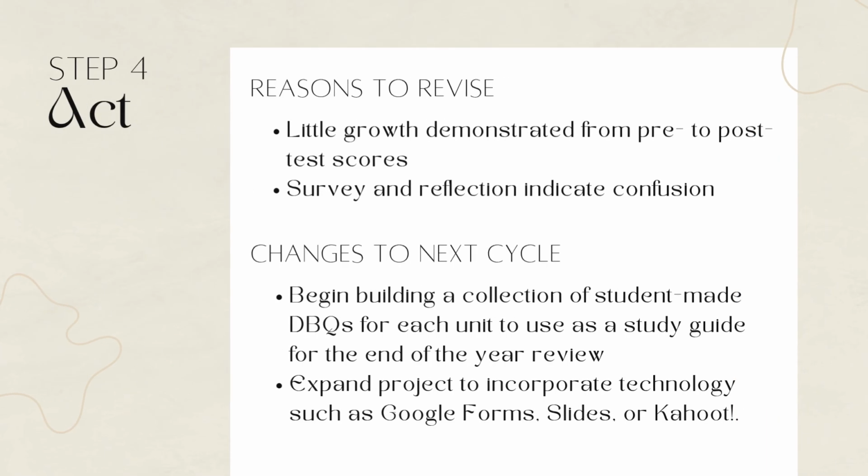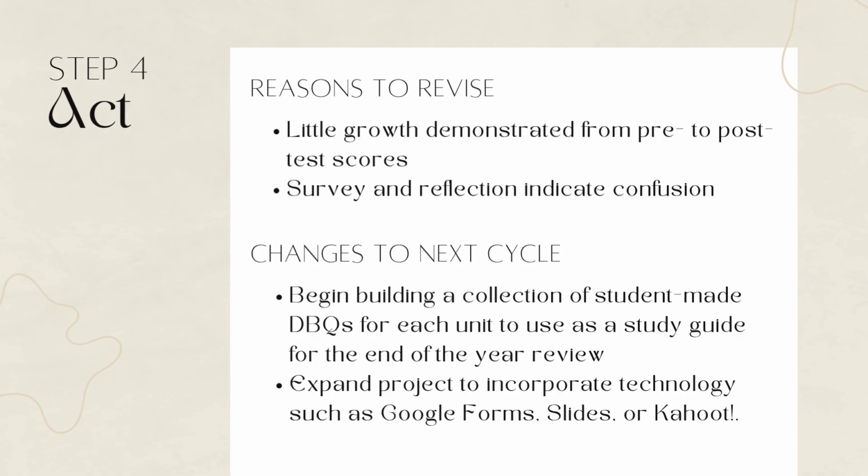During Step 4, the act phase of the PDSA cycle, based on findings, one must determine what areas may need to be revised or what further changes could be made to improve. In this case, little growth demonstrated from the pre to the post-test scores, or surveys and reflections still indicating confusion or misunderstanding with document-based questions, would prompt me to revise.